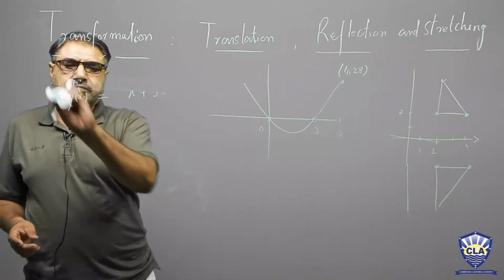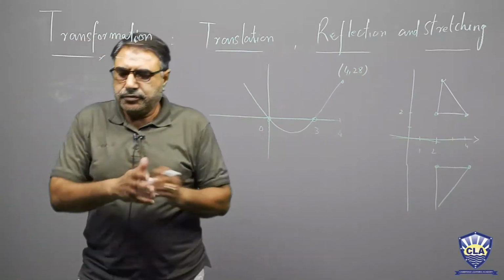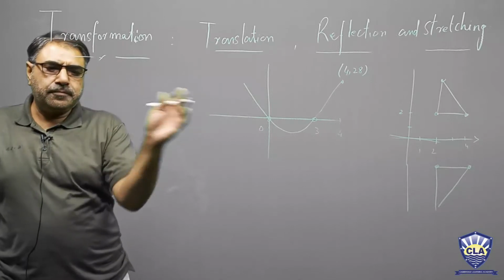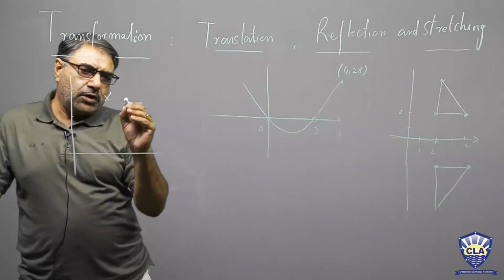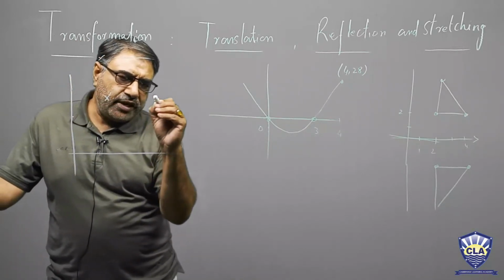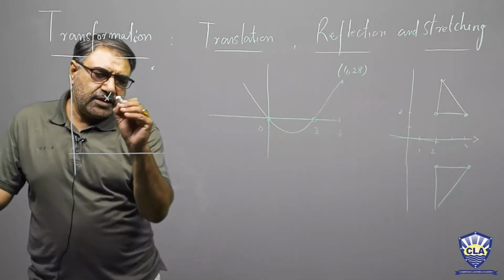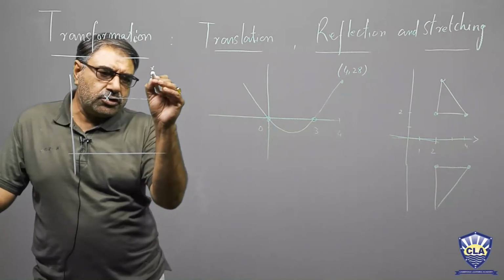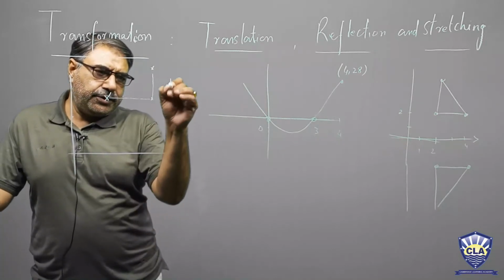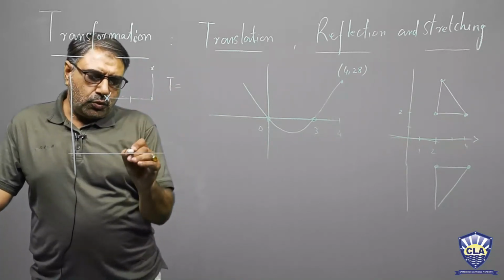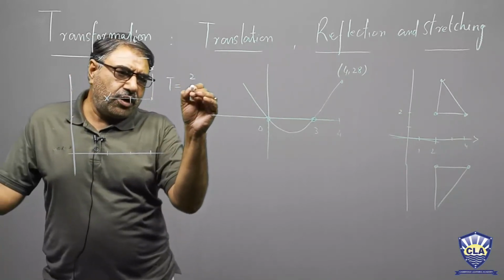What is translation? Actually, translation is to move this triangle or move this point. Please translate this point. We will move this point on the x-axis and on the y-axis. The new point will be this. It means that जितने point इस तरफ move हुआ है और जितने upward move हुआ है, that will be your translation. 2 on x-axis and 1 on y-axis.